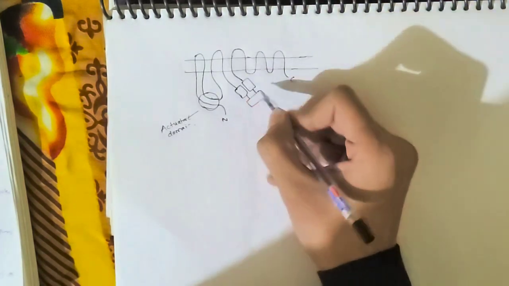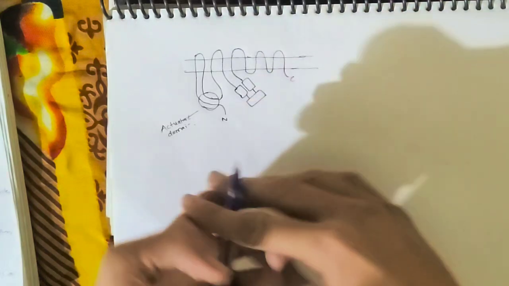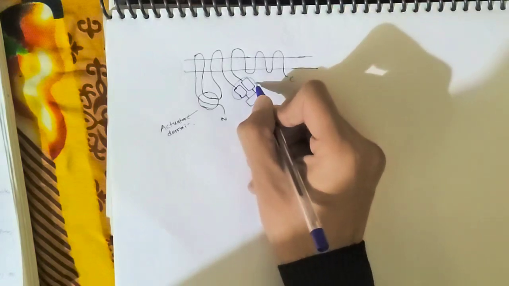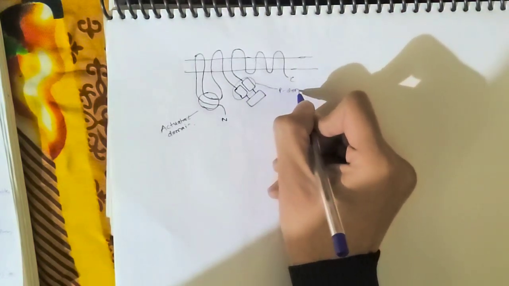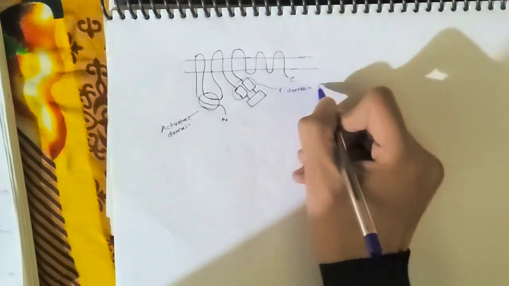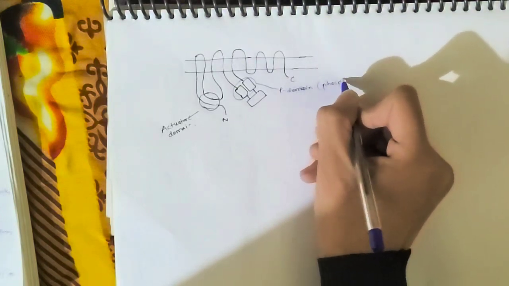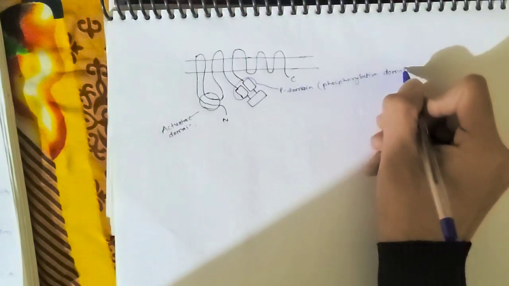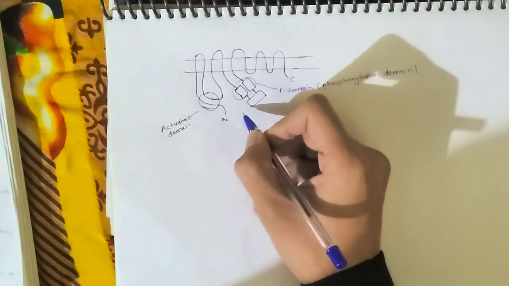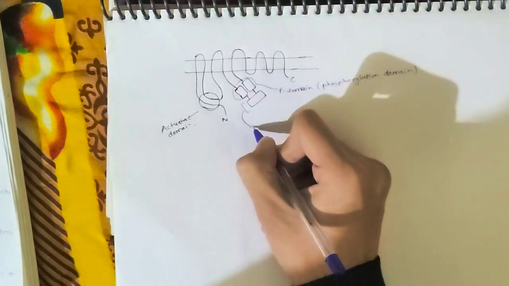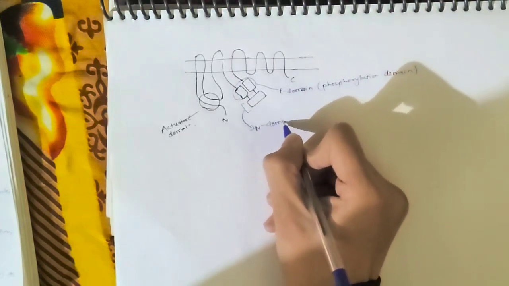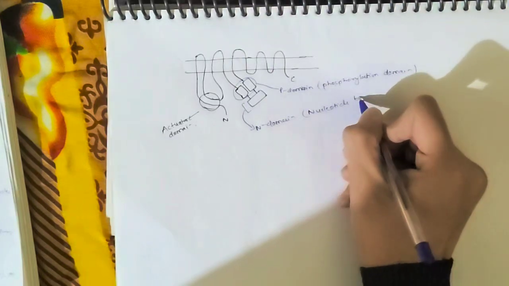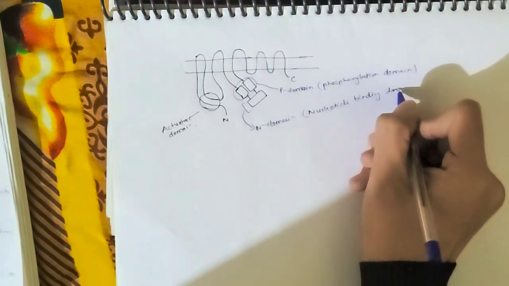And then this part, let me draw it back. This part is known as P domain, or we can also call it phosphorylation domain, and this leftover part is N domain, which is nucleotide binding domain.